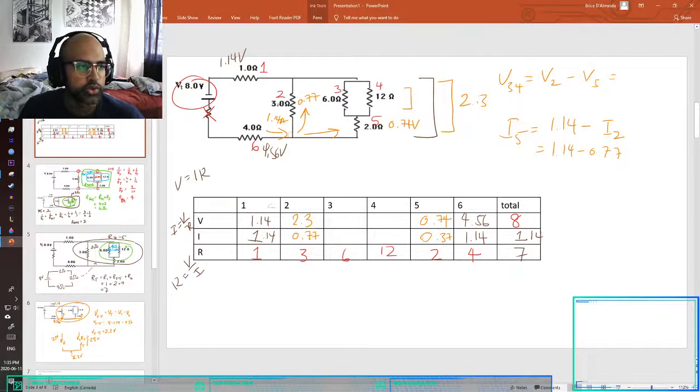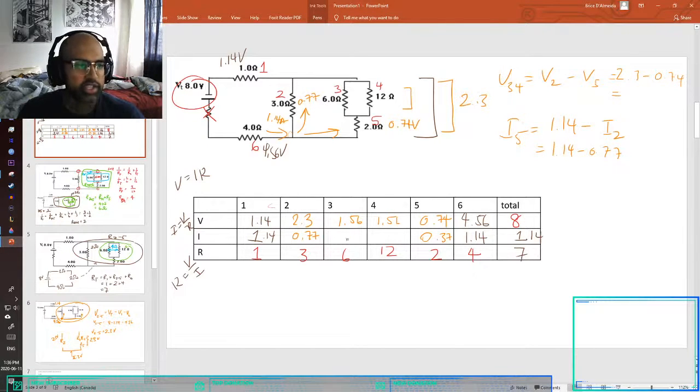No. Voltage 2 was 2.3, so 2.3 minus 0.74. Both the 6 ohm and the 12 ohm resistor get, what is this as a decimal? 1.56 volts and 1.56 volts.